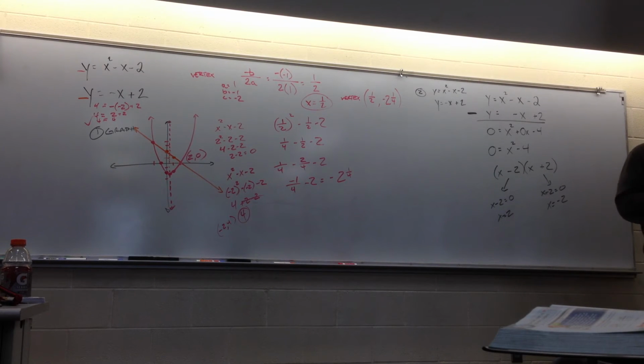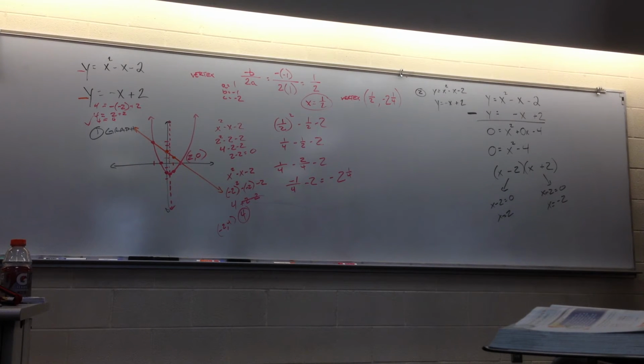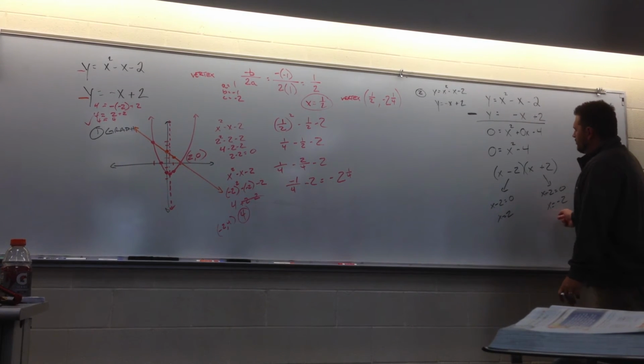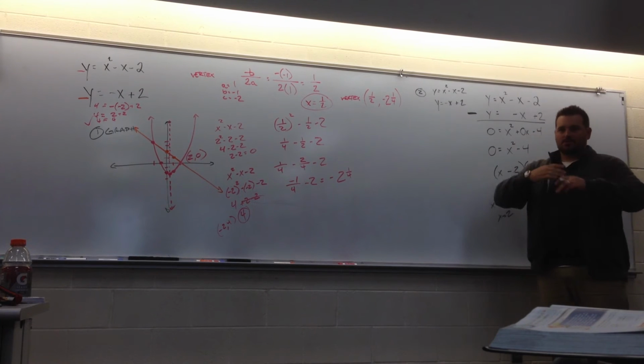Now I know the x values of my solutions, right? Now I have to plug it back in. Which one do I plug it in? The top one. It shouldn't matter, right? Because what we're looking for is the points where these cross.